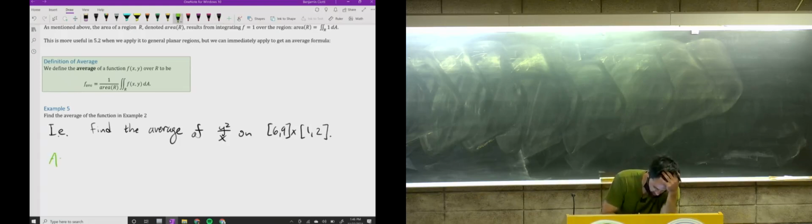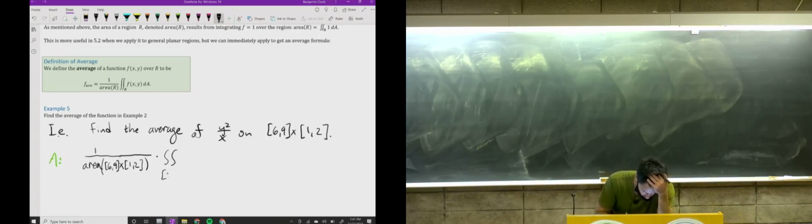So the answer will be 1 over the area of that rectangle, 6, 9 cross 1, 2, times the double integral over 6, 9 cross 1, 2 of y squared over x dA.